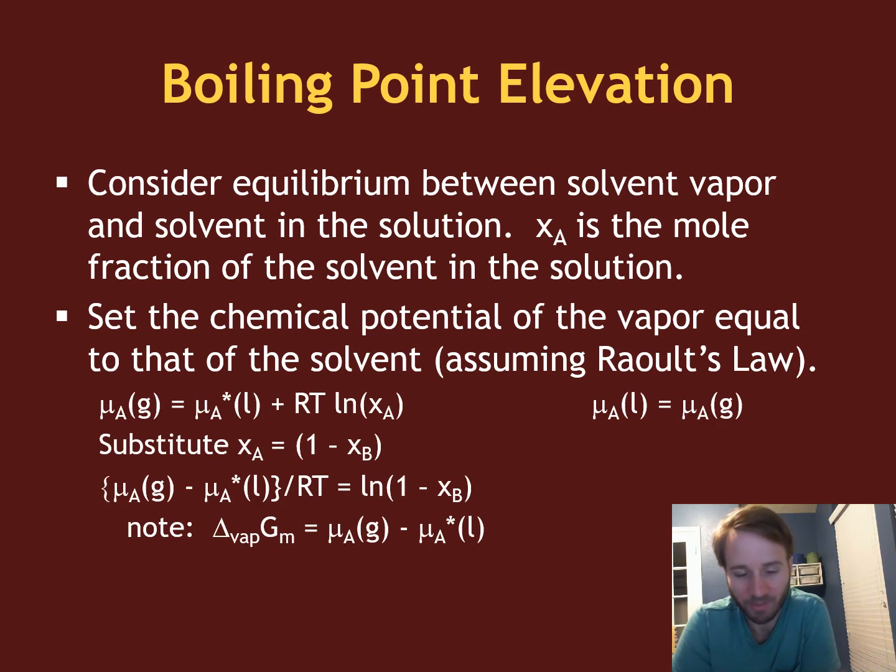So the chemical potential in the gas phase is equal to the chemical potential in the liquid phase, which is the chemical potential of the pure liquid plus RT ln X_A, again assuming an ideal dilute mixture.